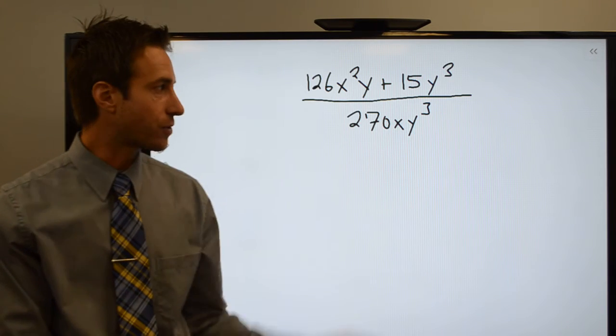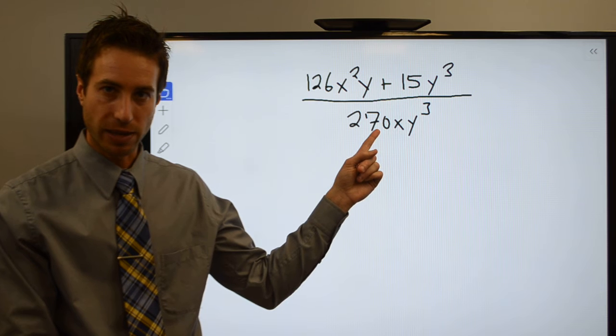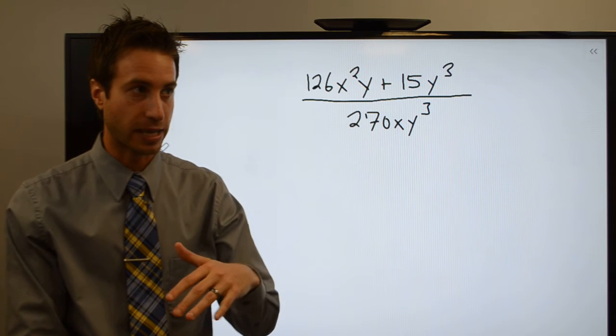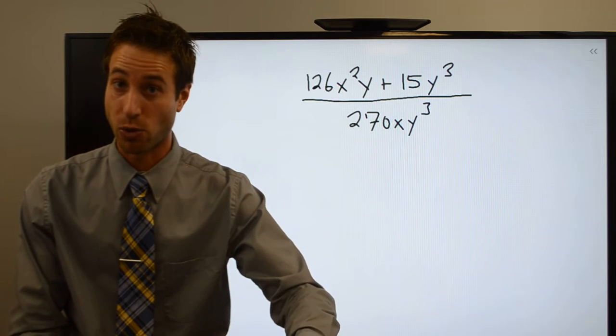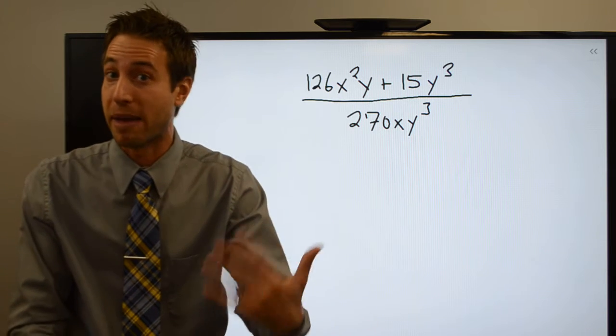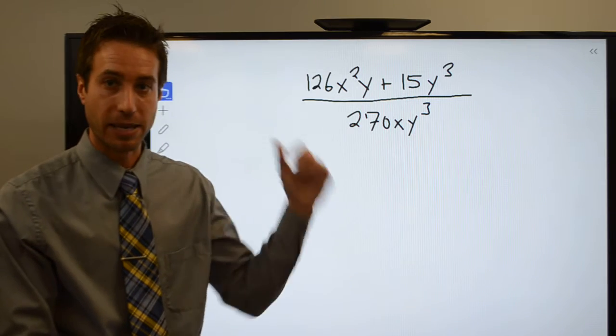A couple of things. First of all, this doesn't match the answer we got on the previous page, which is an issue because if you're going to do algebra with a couple of different methods, you should always arrive at the same answer. That way you know both methods work, and I didn't get the same answer I got on the previous page.